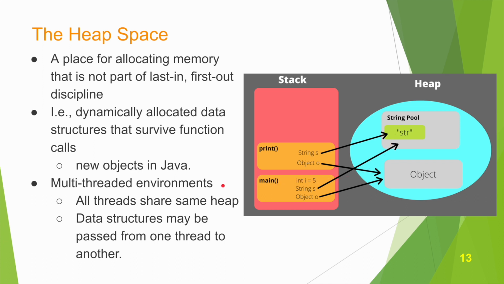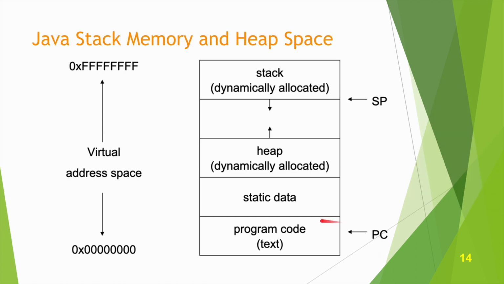In multi-threaded environments, all the threads and processes are going to share the heap memory, so it is always recommended to remove any unwanted variables or free up the space for other processes to use this heap storage efficiently. Here is an overview of Java stack memory and heap space.